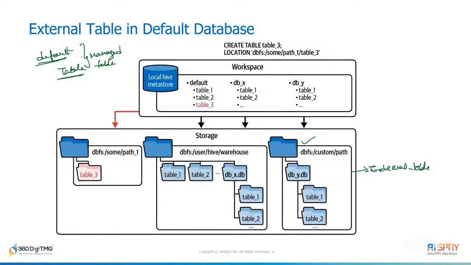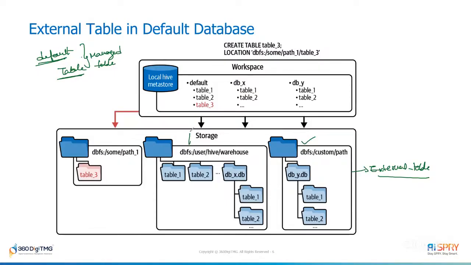You can create your DBFS separately, and you can create tables there, and it's an external table. See why this external path is given in Databricks, because Databricks supports external storage also.